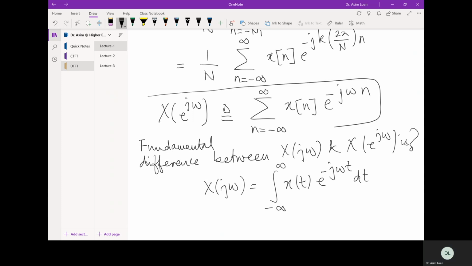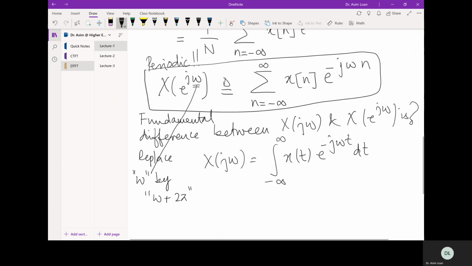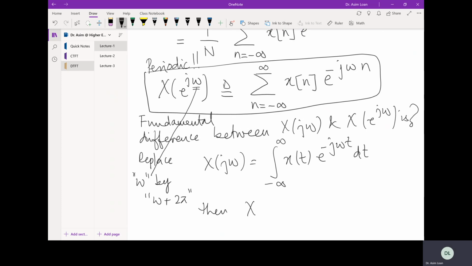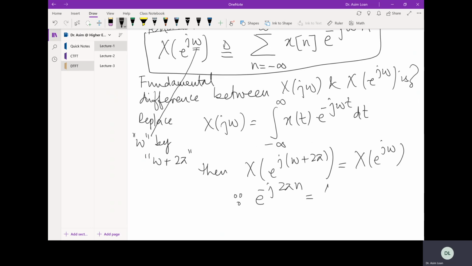This one is periodic. Why? Because if I replace omega by omega plus 2 pi, then x of e to the j omega plus 2 pi equals x of e to the j omega, because e to the minus j 2 pi n equals 1.